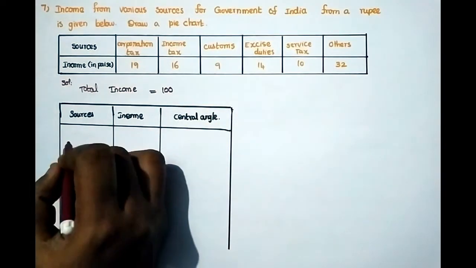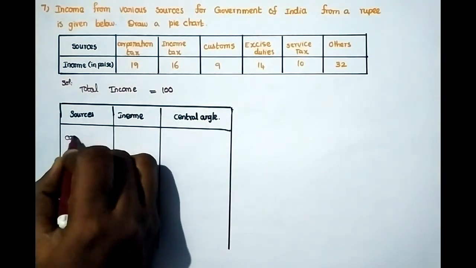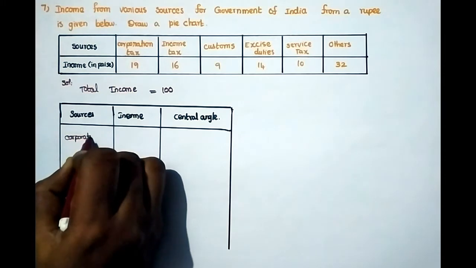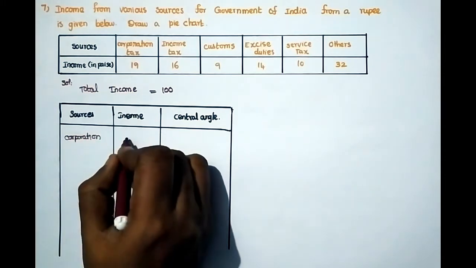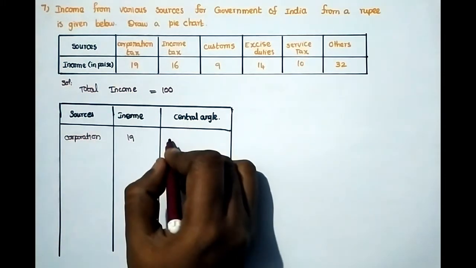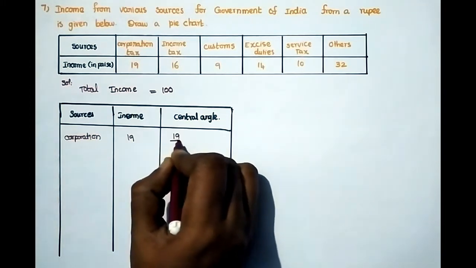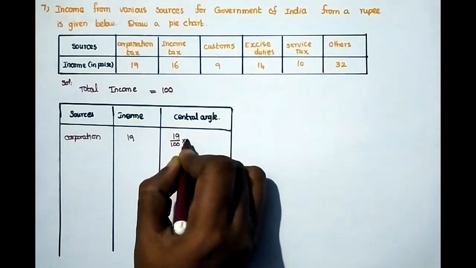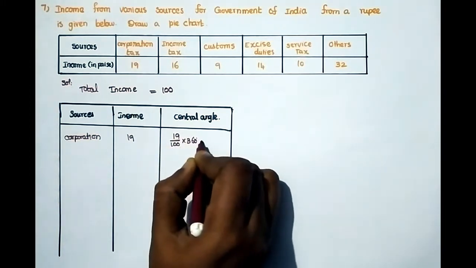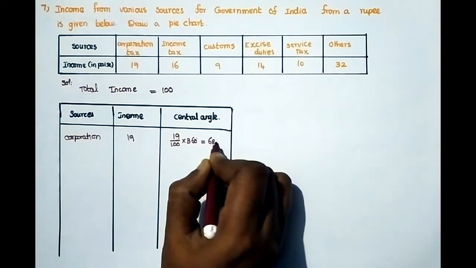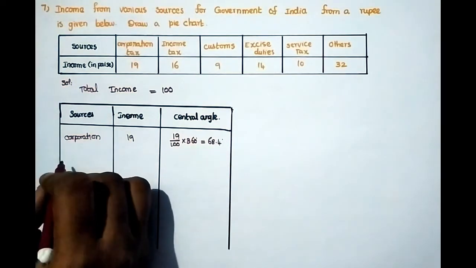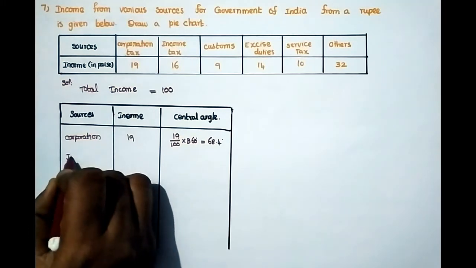Now sources: corporation tax, income 19. So central angle 19 divided by 100 into 360 means we get 68.4 degree. Next one, income tax.